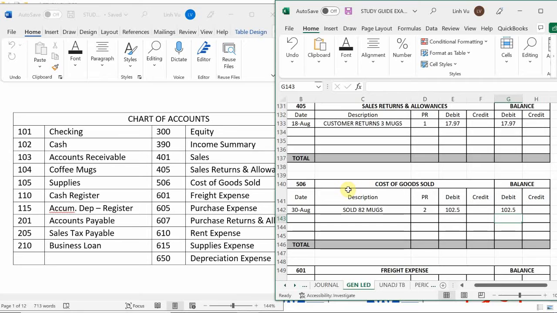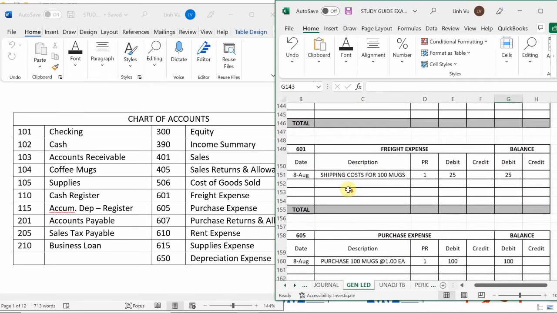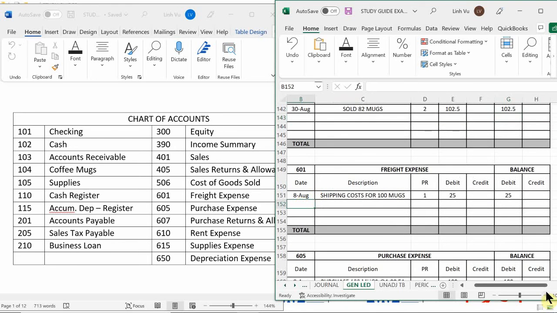And then we no longer have a freight expense, because we converted it. So for freight expense, I'm going to put an adjustment for the $25 credit, because we took everything out of the purchase and freight expense and distributed it to the inventory and cost of goods sold.